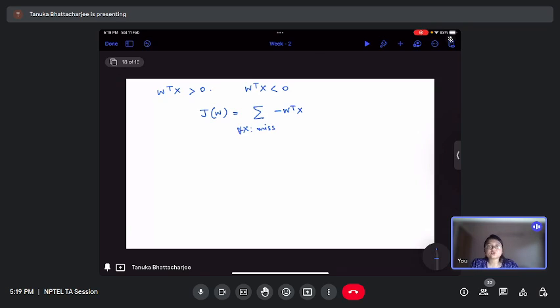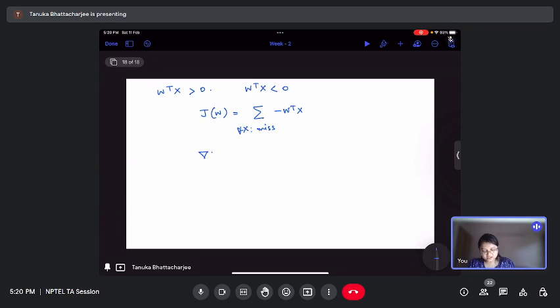Whenever you have a misclassified X, W transpose X will be negative, so you negate that and get a positive quantity. So your loss function is always positive when you have some misclassified samples. When all are correctly classified, this is 0.